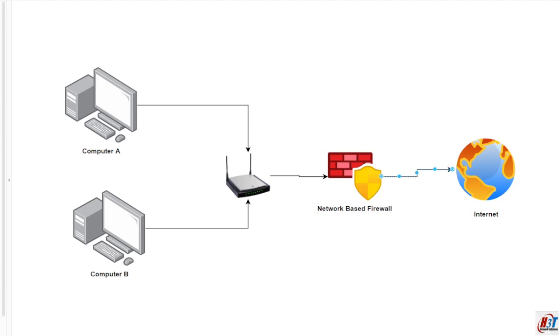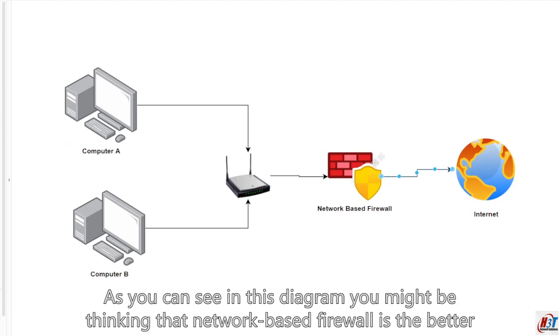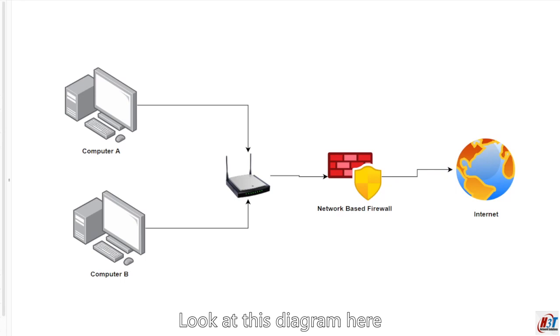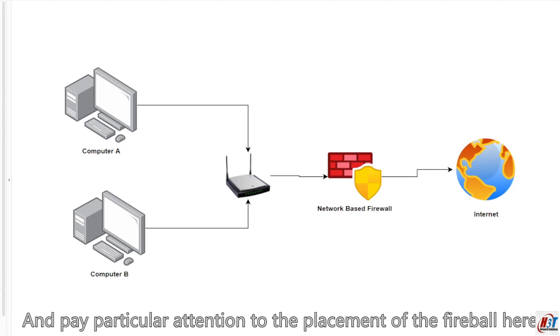So as you can see in this diagram, you may be thinking that the network-based firewall is the better of the two as it protects the entire network. However, look at this diagram here, and pay particular attention to the placement of the firewall.